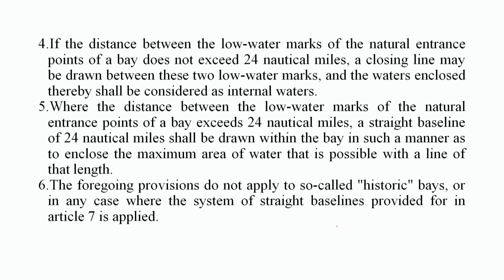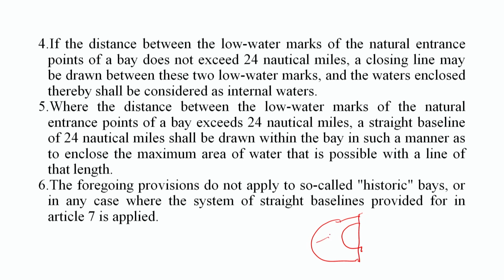It is something of this nature. If we are trying to see, this is the landmass area and this is the indented area. And what will be the internal waters area? A semicircle drawn like this, which is quite close to the baseline that we are drawing between these two points.